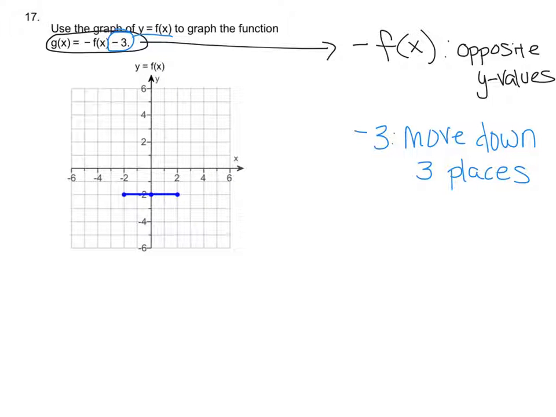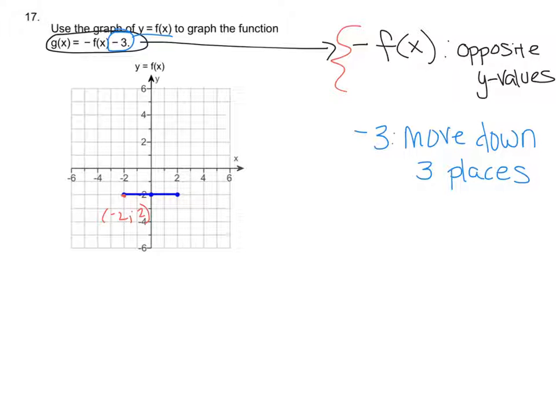First, we want to perform the reflection transformation. So, we're going to reflect the graph of y equals f of x about the y-axis. If I look at the first point on my original function, I see that this point is negative 2, negative 2.